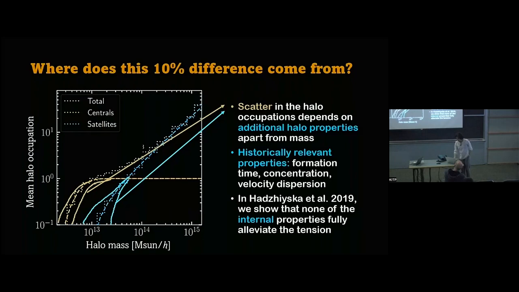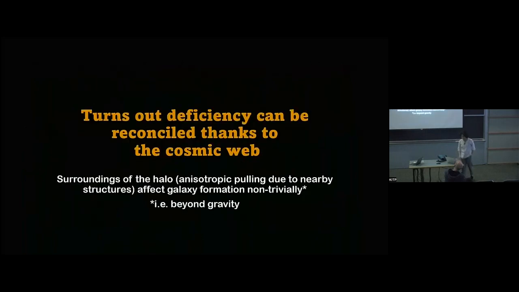And so that's where the cosmic web comes in. I will claim, and I will try to show in the next few minutes, that the surroundings of the halo, and in particular things related to the anisotropic pulling due to nearby structures, affect the galaxy formation and thus the clustering.